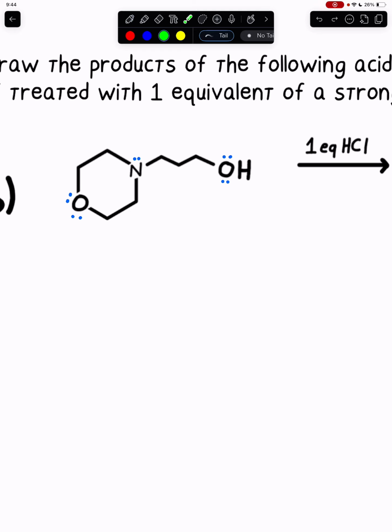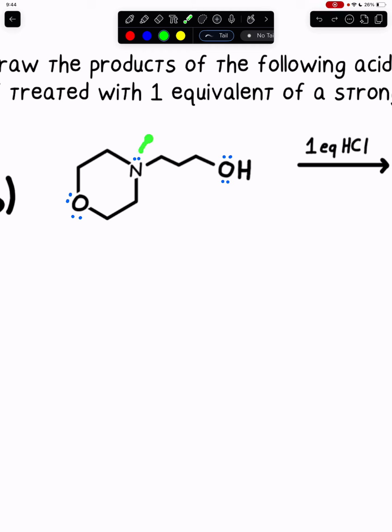So when we look at these three atoms, two of them are oxygen, and oxygen is more electronegative than nitrogen, which means the oxygens are holding on to those electrons more tightly, which means they're not as available to go out and pick up that proton. But the electrons on nitrogen are more available because nitrogen is less electronegative.